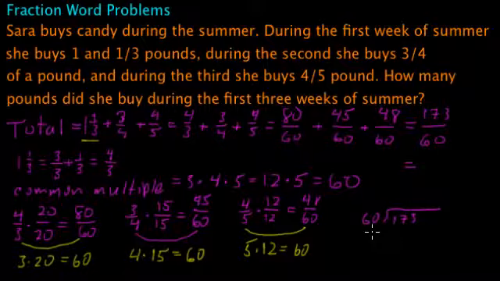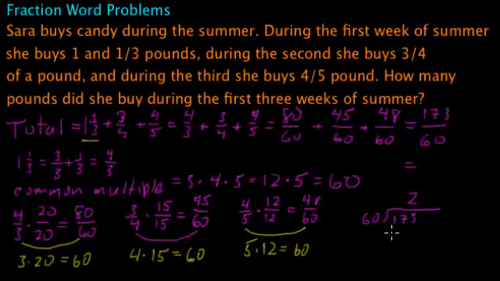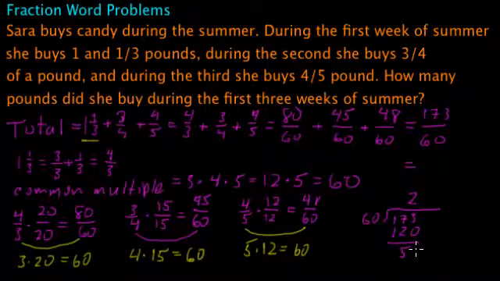So 2 times 60 would be 120, and 3 times 60 would be 180. That's too many. So 2 times 60 is what I want. 2 times 60 is 120. And I find out by subtracting that my remainder is 53.